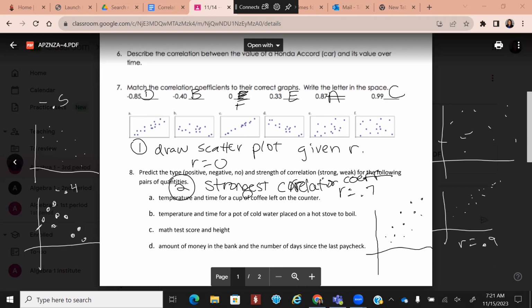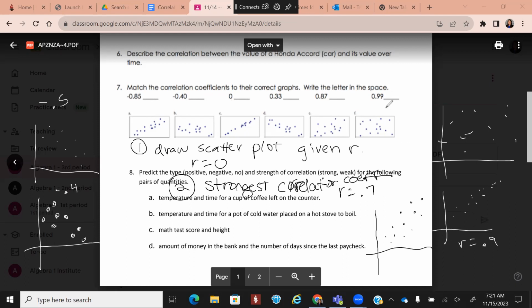Looking at what's up here, these numbers. What has the strongest one? Which one is closer to 1 or negative 1? These numbers up at the top. Which one is closest to 1 or negative 1?